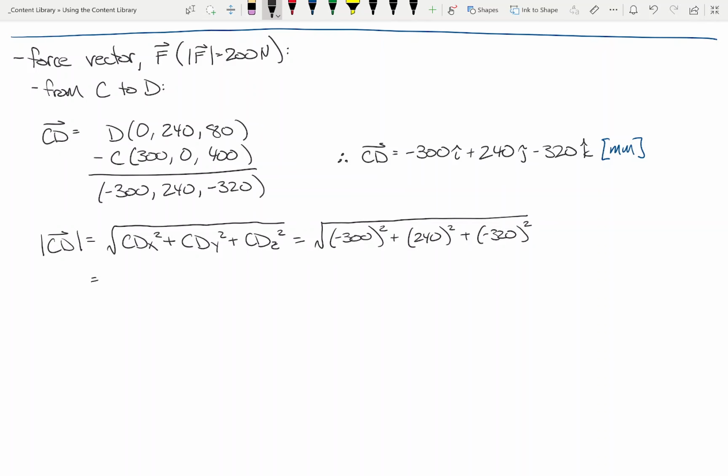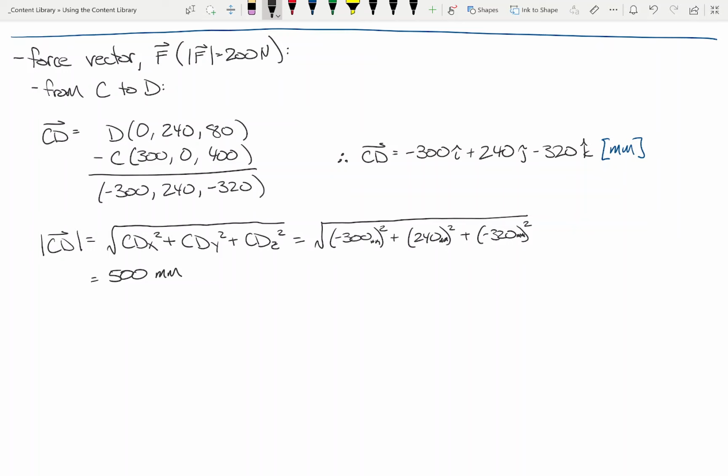Okay, and when we check that out, what do we get? 500. 500 what? Millimeters. Because that's the length of the vector, right? Remember, this vector's in millimeters, so this is millimeters, this is millimeters, this is millimeters. Now, tell me what to do. How do I turn this into a force vector? Tell me what to do next.